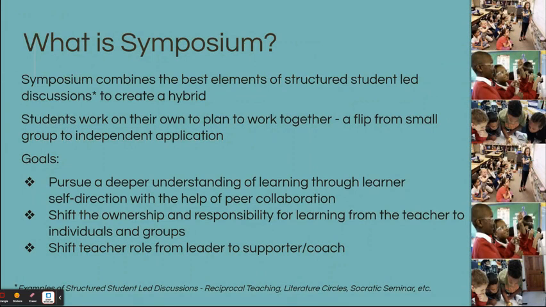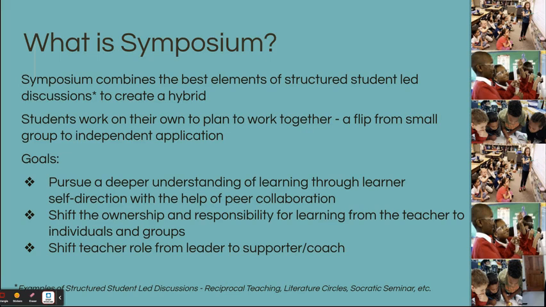I've been a teacher for a while and I've used a number of different student group strategies, such as literature circles, reciprocal teaching, Socratic seminar, fishbowl, Harkness method. While they're all proven to be very good strategies, in my opinion some things become clunky or defeat the students' energy.